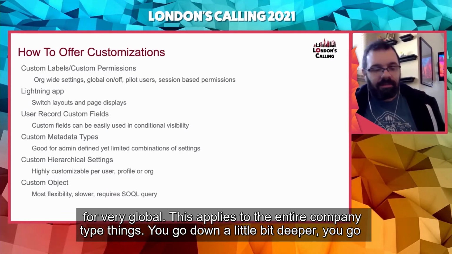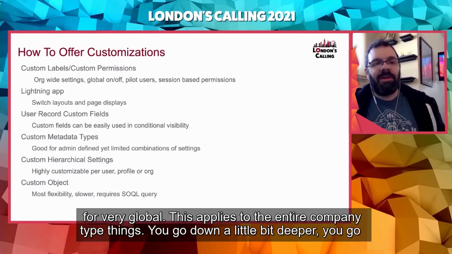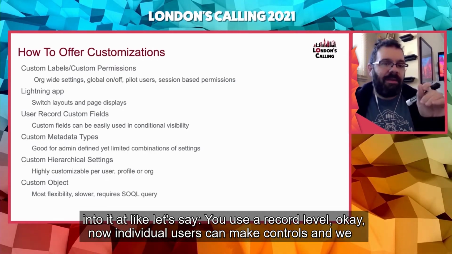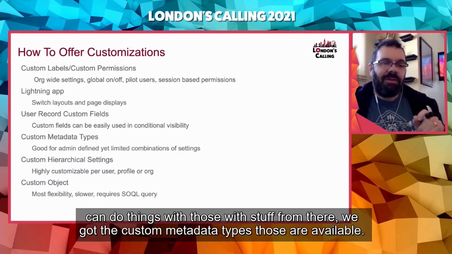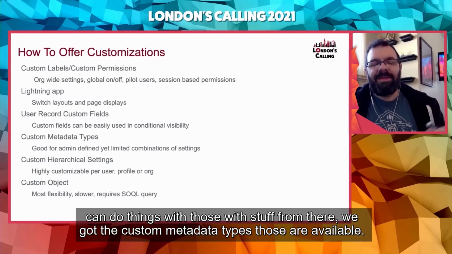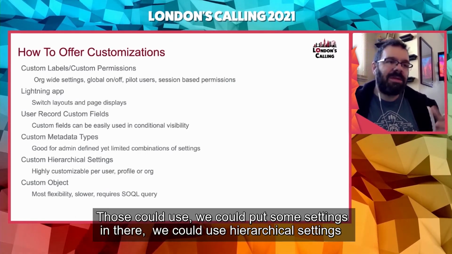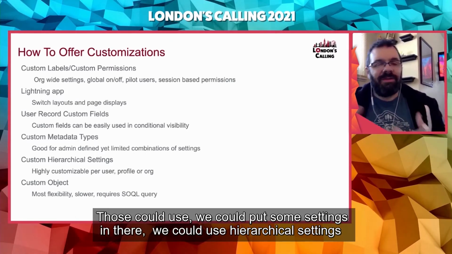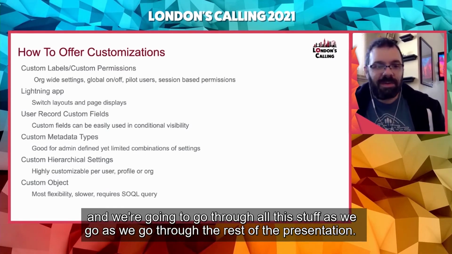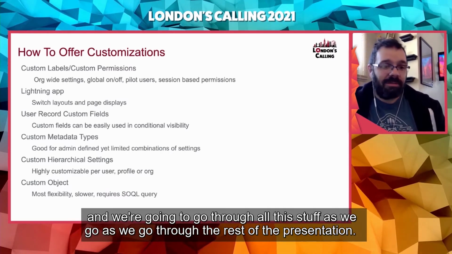You go down a little bit deeper, you go in at, let's say, user record level. Okay, now individual users can make controls and we can do things with those. We've got the custom metadata types, those are available. We could put some settings in there. We could use hierarchical settings, and we're going to go through all this stuff as we go through the rest of the presentation.